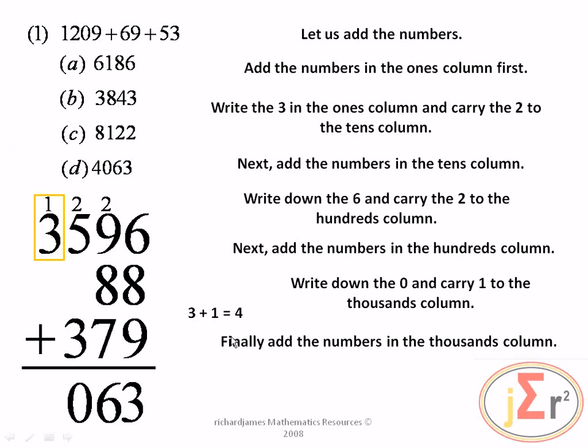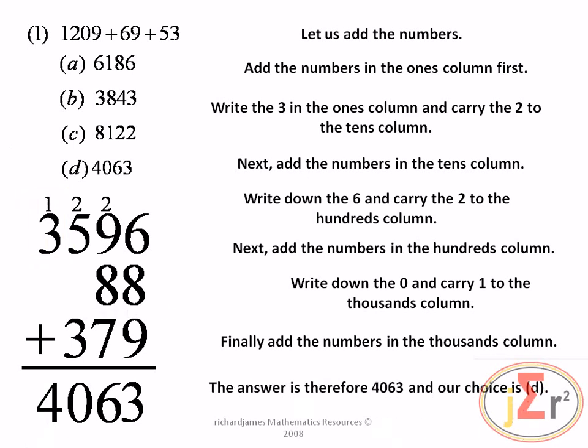So we may say 1 plus 3, or we may say 3 plus 1, and that is equal to 4. And that is all there is to it. The answer is therefore 4063. And this is represented by option D.